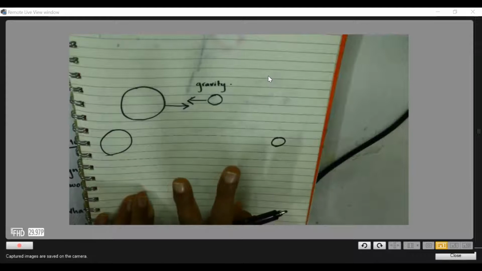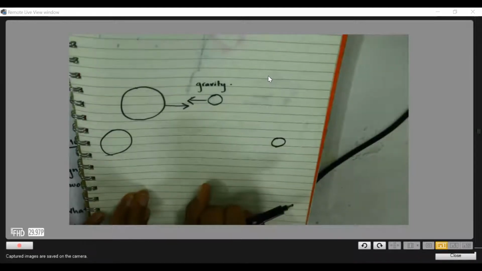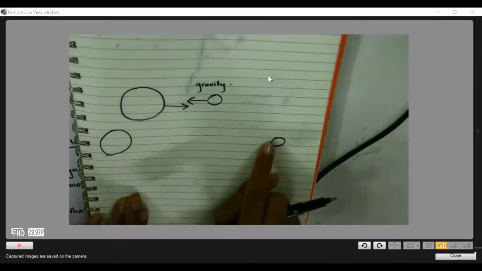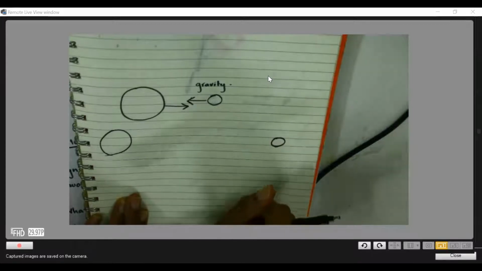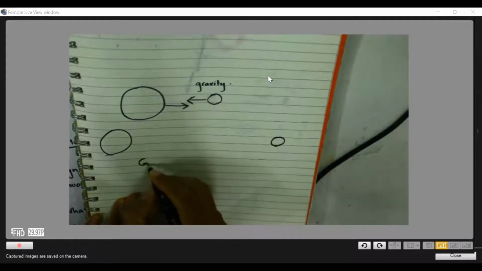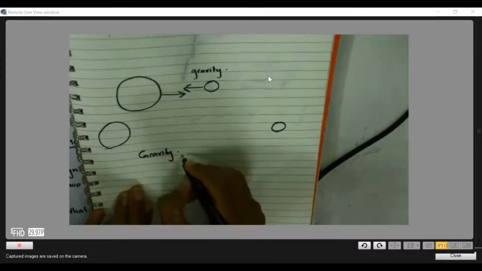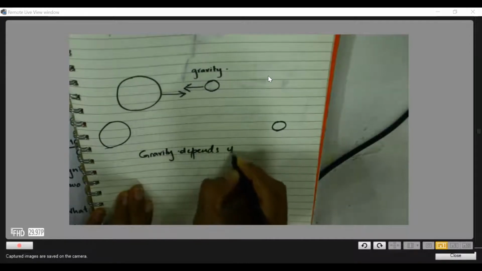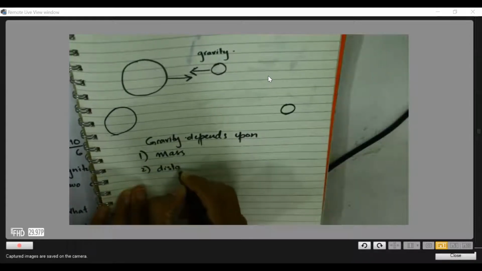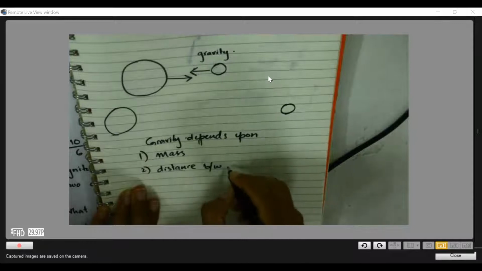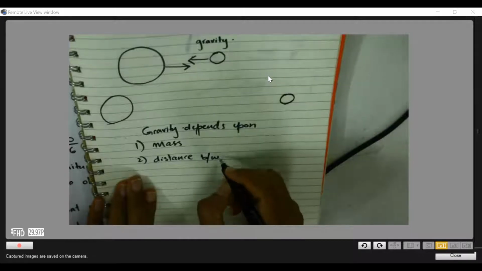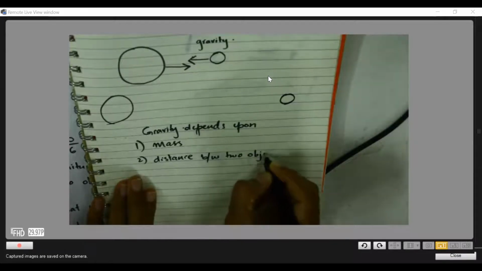So there are two factors which affect the gravitational pull: the mass of the objects, and the distance between them. Remember this. Not size, mass.